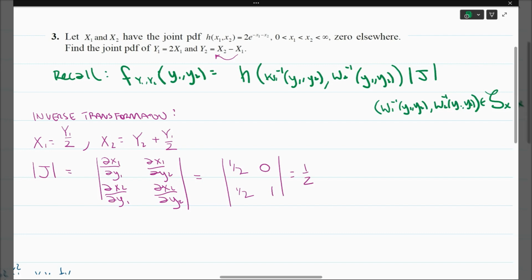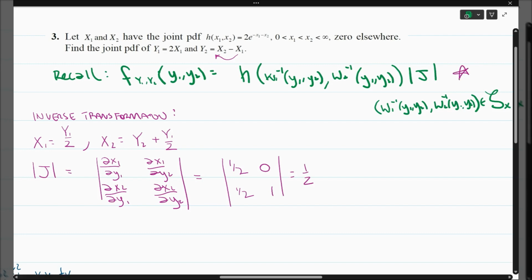All right, let's bring everything together in the formula. Let's call this formula star. Okay, we're going to get 2e to the negative x1 minus x2.